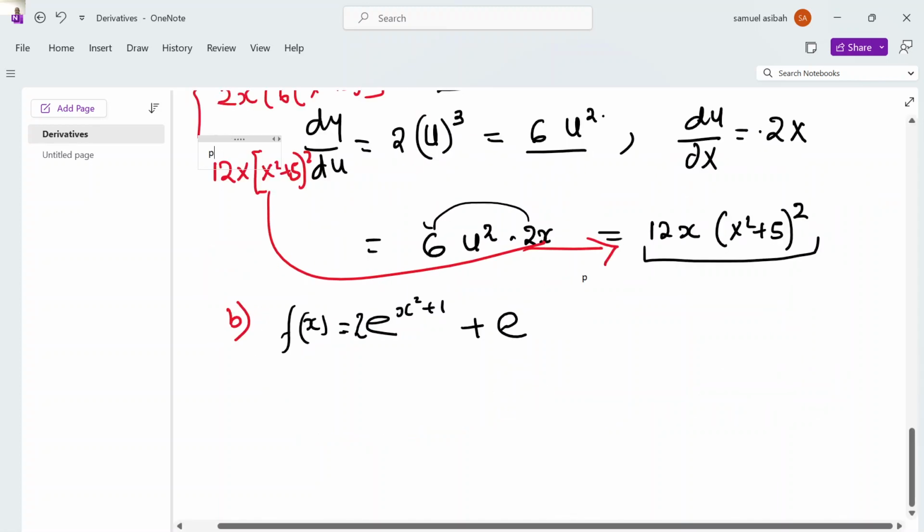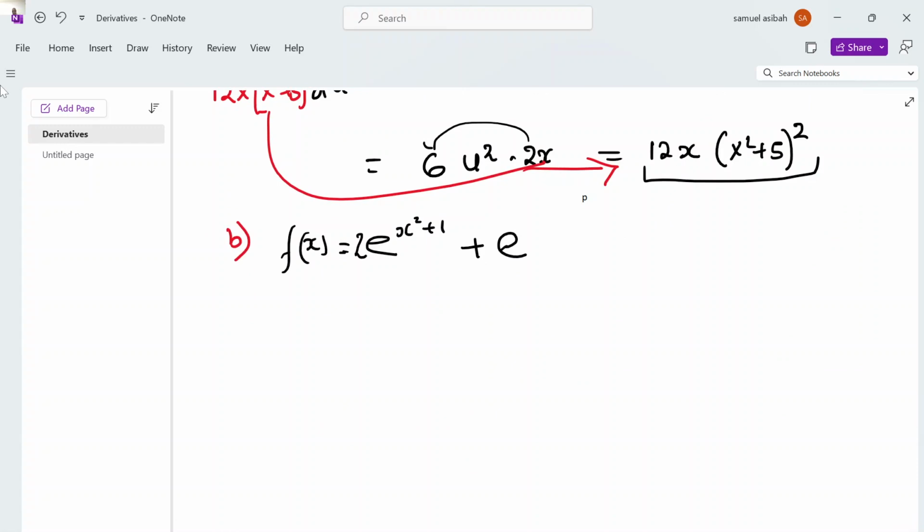My second example here involves e. When you look at this part here, this is a composite function in most cases, and it is raised to a power. How do we differentiate this? The first step is just like what we have already said.